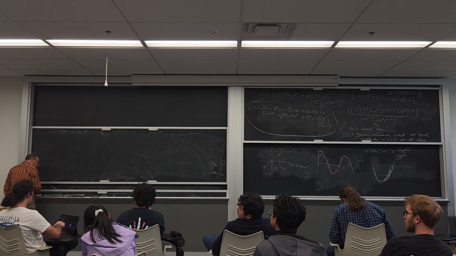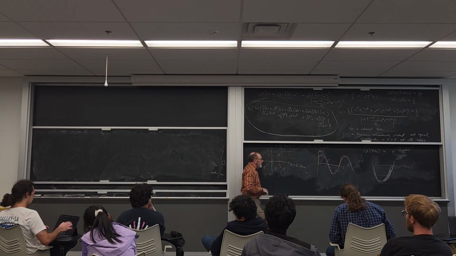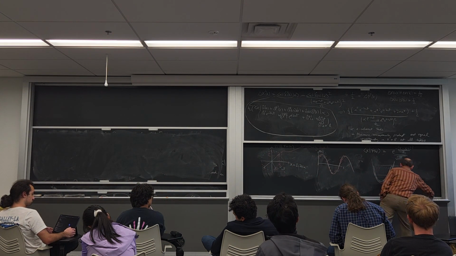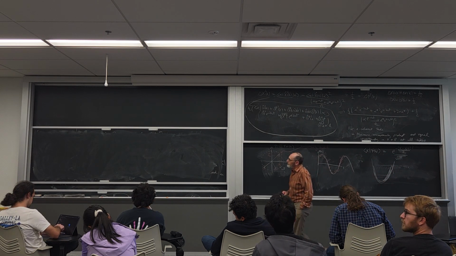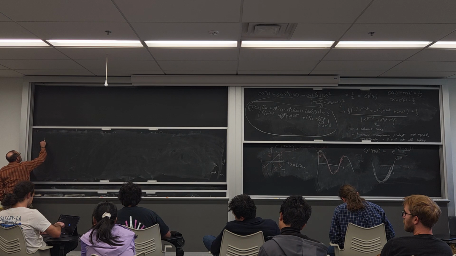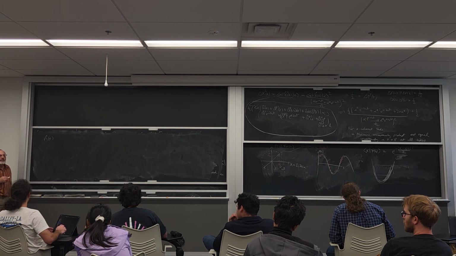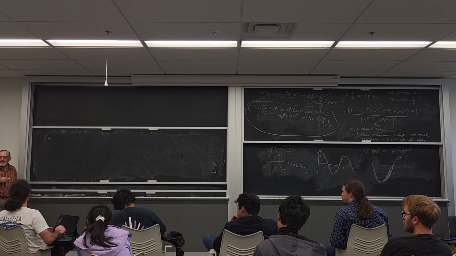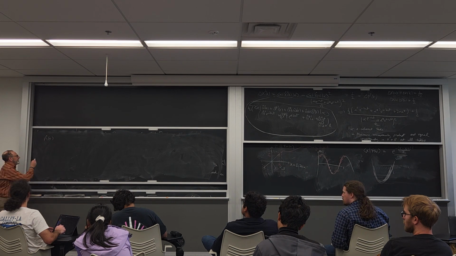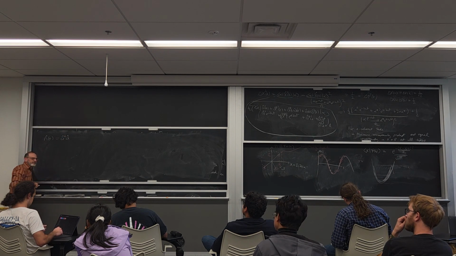What is the mean number? Firstly, what is the number operator as a function of time in the Heisenberg picture for the oscillator? It's constant. No matter, it's always the same.